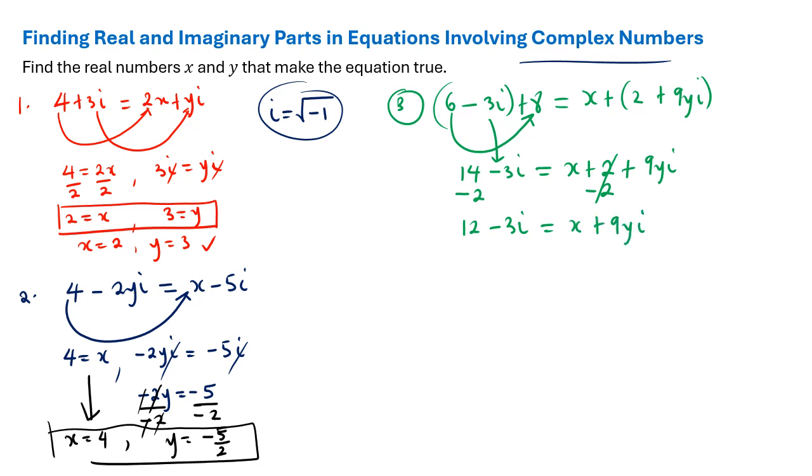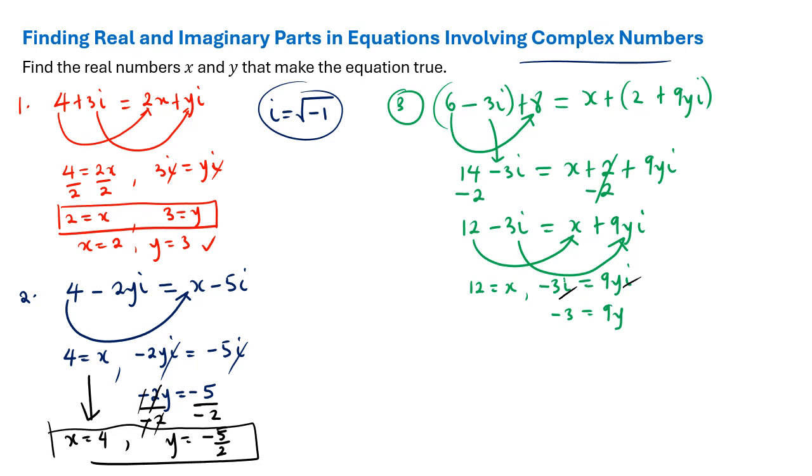From here, I can set the real parts to the real part and the imaginary part to the imaginary part. So that means 12 will equal x. Likewise, I get negative 3i will equal 9yi. Again, you want to divide both sides by i by just crossing those i's out, and then you end up with negative 3 is equal to 9y.